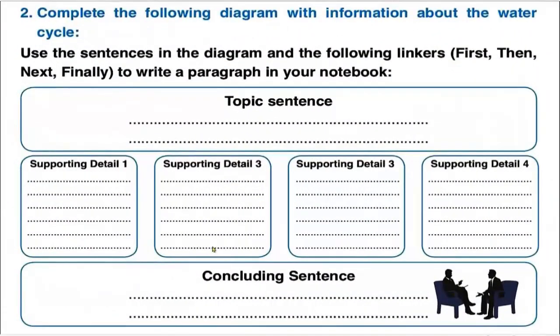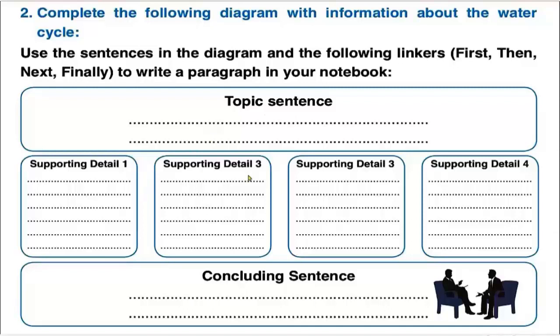Let's go back again to exercise 2. Complete the following diagram with information about the water cycle. Use the sentences in the diagram and the following linkers first, then next, finally, to write a paragraph in your notebook. Start with topic sentence, as I have just told you, and write the supporting details.